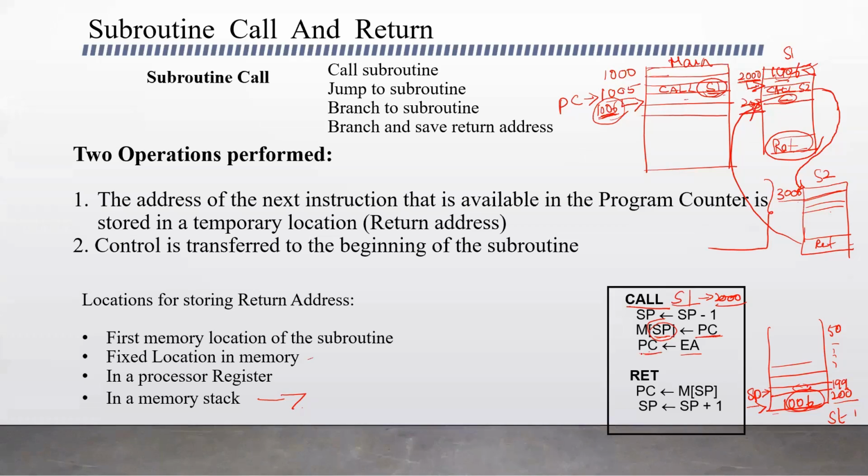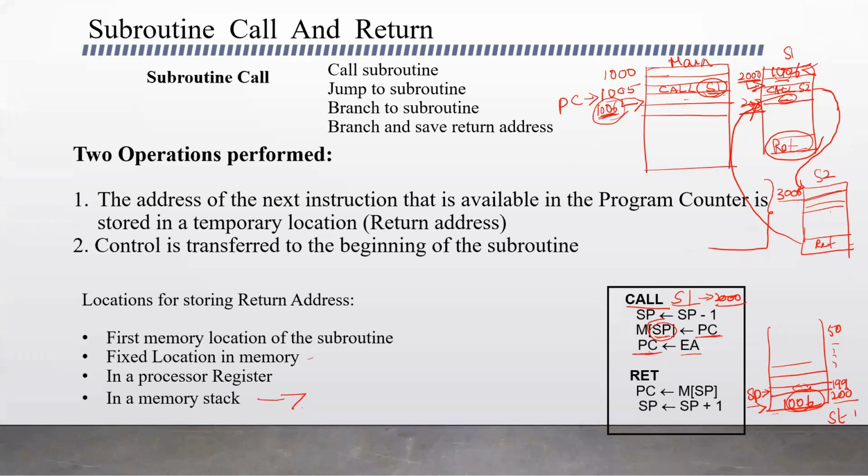When PC is loaded with the branching address, the next instruction executed would be the one pointed to by PC. This way the call statement is implemented.